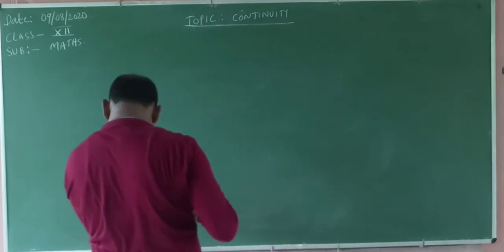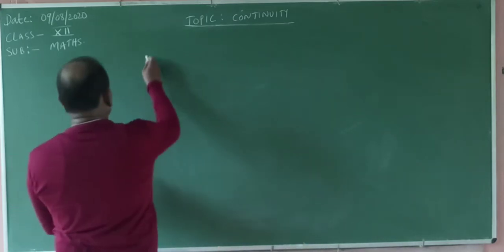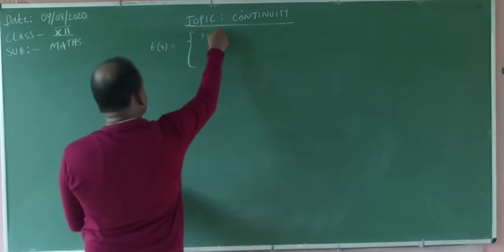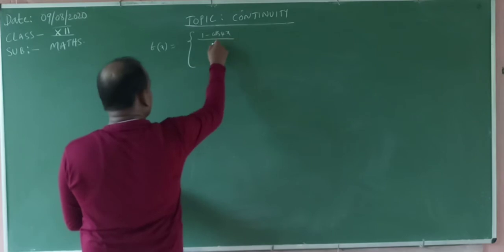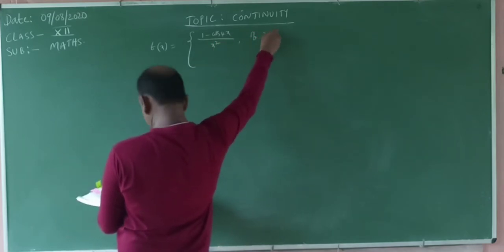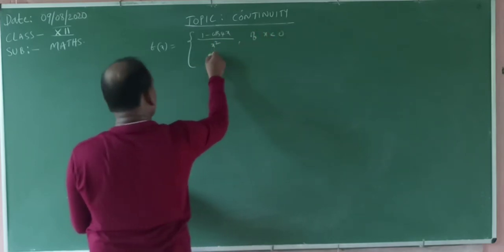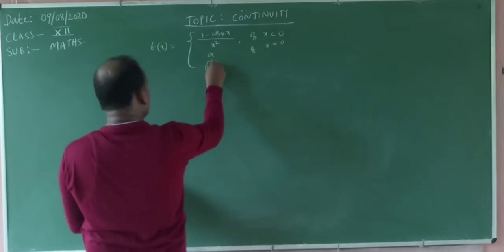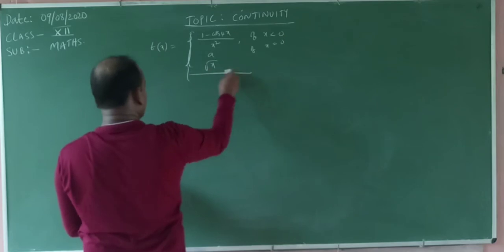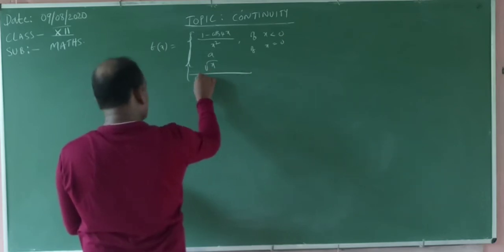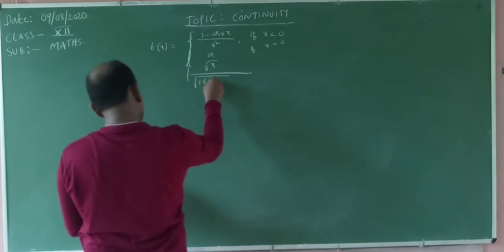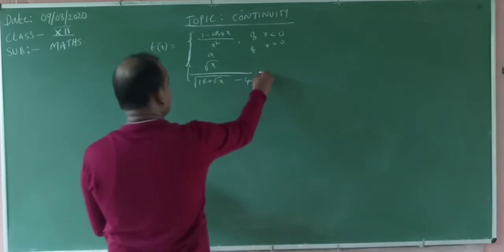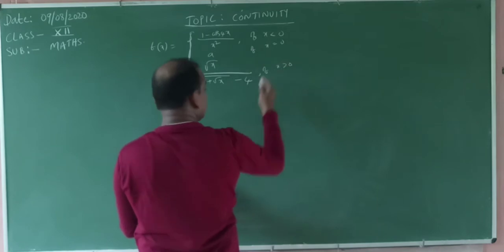Determine the value of A. Now f of x is equal to 1 minus cos 4x by x square if x less than 0, A if x is equal to 0, and root x by under root of 16 plus root x minus 4 if x greater than 0.